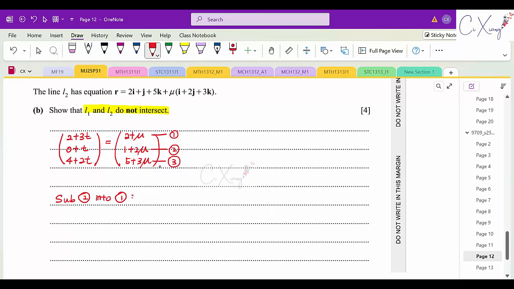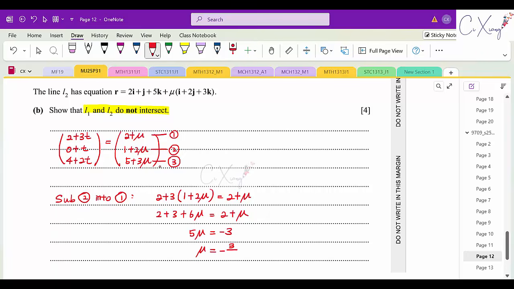And from here, what do I get? I'll be getting 2 plus 3, then t. For t I will substitute 1 plus 2 mu equals to 2 plus mu. Then I will have 2 plus 3 plus 6 mu, so 5 mu equals negative 3, and after that, mu equals negative 3 over 5.